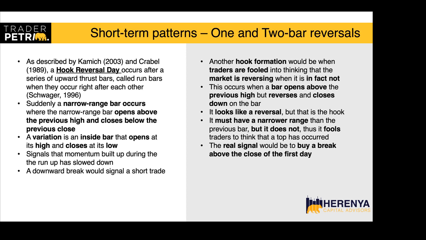It looks like a reversal day, but it's not exactly the way that it is supposed to be as previously described, because the range must be a narrower range than the previous bar, but in this case it is potentially not, and that then fools the traders to think that the reversal top has occurred when the real signal here is actually to buy a break above, not the hook reversal, but the previous day's closing price. So when the market gets up above that closing price, you go long again.